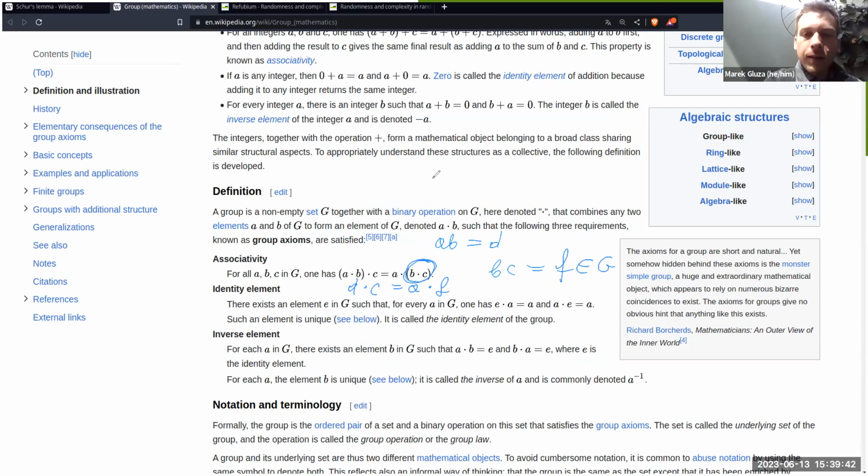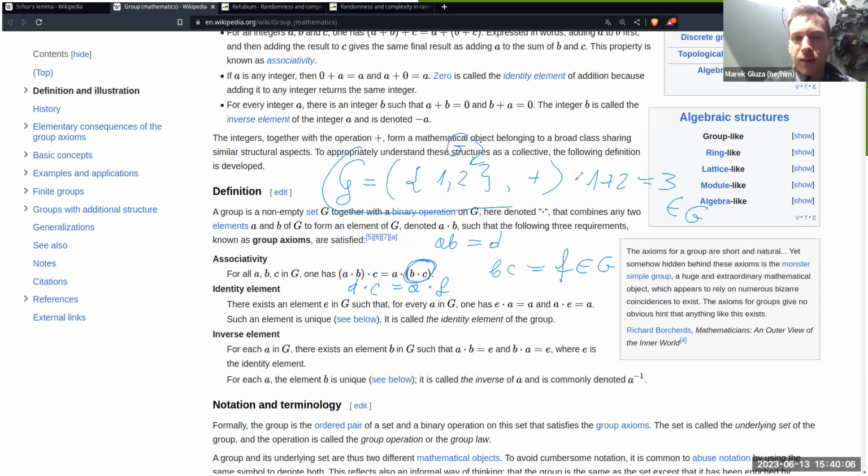If I take a set 1, 2, and my operation is just the arithmetical addition, then that could be a group G, okay? But if I just keep adding it, I put 1 plus 2, where this is arithmetical addition, which is 3, which is not in the set G. So that's my set G. This is curly G as a group, okay?